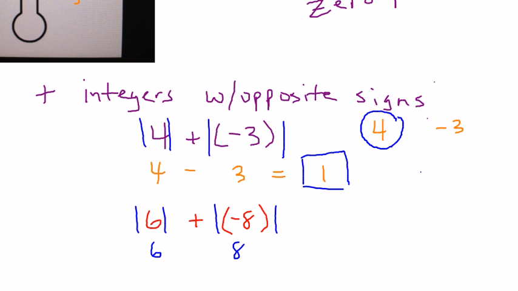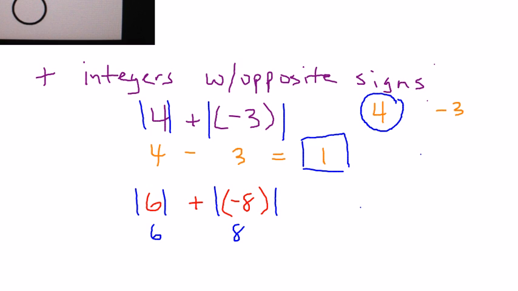The one thing I forgot to mention with the rule is that we're always going to subtract the smaller number from the larger number. So 8 minus 6 is 2. Let's think about which of our two integers has the greater absolute value. Negative 8 has the greater absolute value when compared to positive 6, and because negative 8 is a negative number, our final answer will also be negative. So 6 plus negative 8 gives us negative 2.